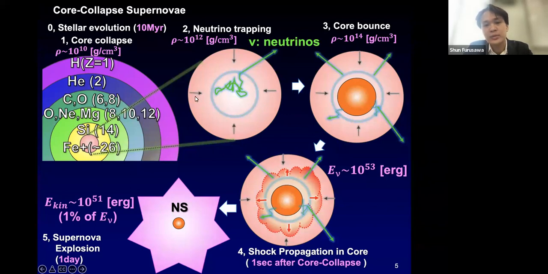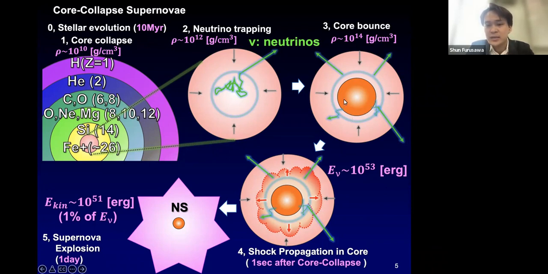A part of the iron group core becomes a proto-neutron star. It takes about 100 or 200 milliseconds. When the central density reaches about 10^11 or 10^12 grams per cubic centimeter, neutrinos start to be trapped, and a neutrino sphere is formed.